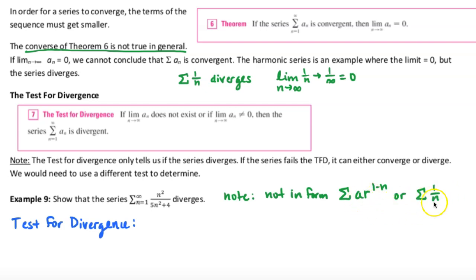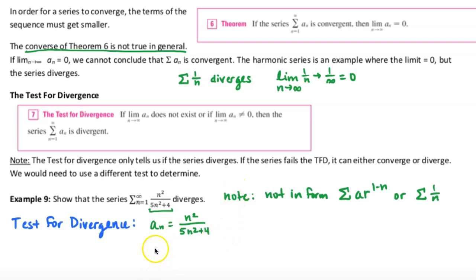Right now, these are the only types of series that we know how to make conclusions about. So this is why I'm going to use the test for divergence, and I'm just looking at this a sub n. In this case, my a sub n is n squared over 5n squared plus 4.